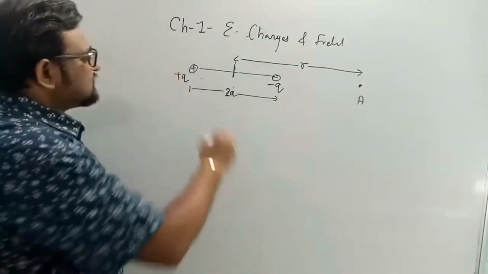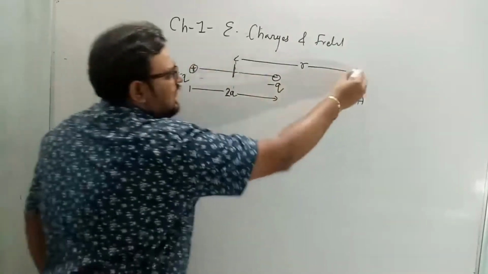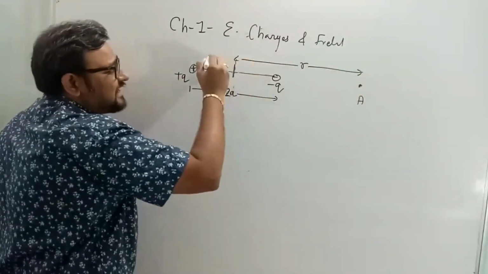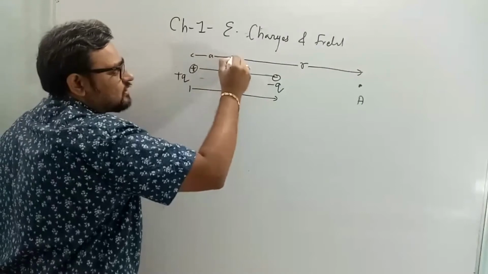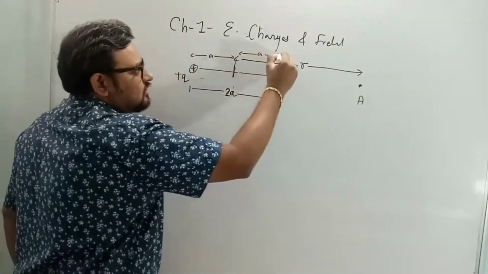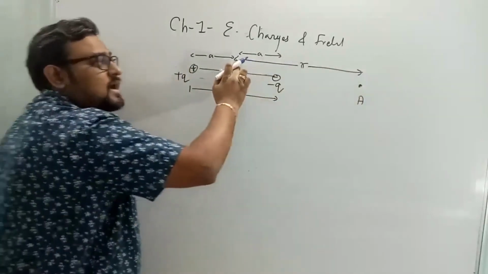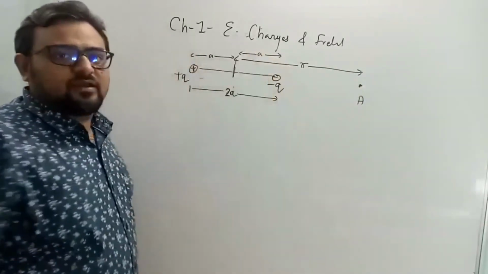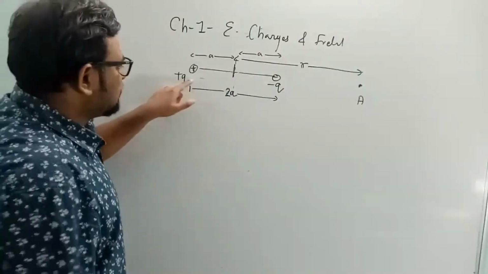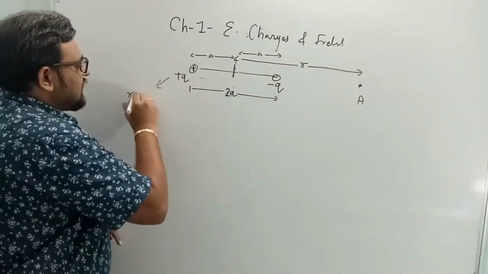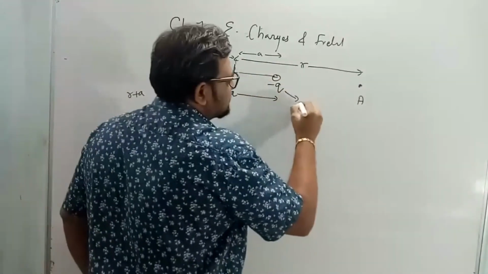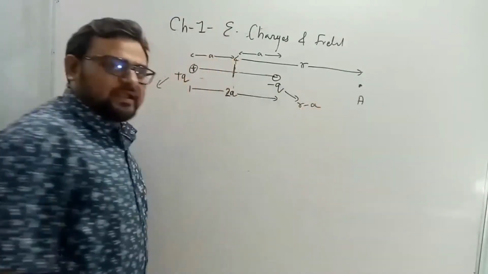So the distance from this charge is r plus a, and the distance from this point is r minus a. So for this the distance will be r plus a, and for this the distance will be r minus a.